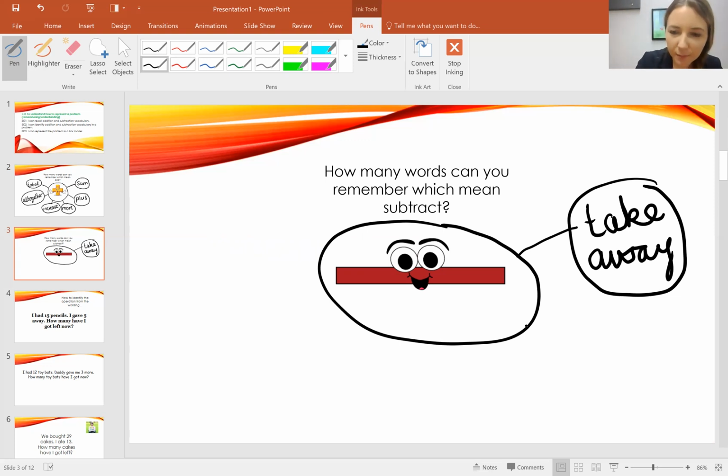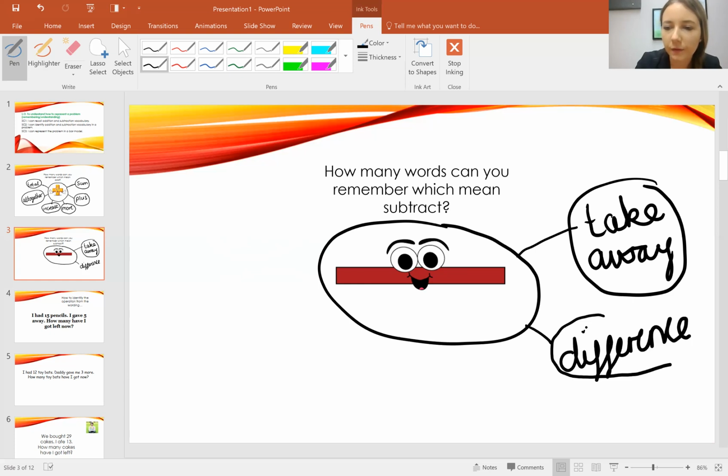So you might have come up with the word difference. Remember, if we are finding the difference, then we are subtracting. You might have come up with the word decrease, which means that you are making a number smaller. So we are taking a number away from another number.